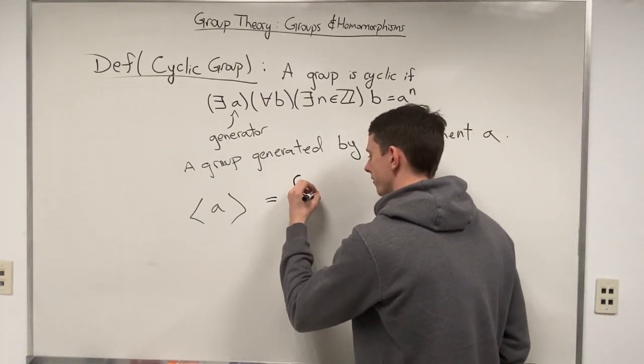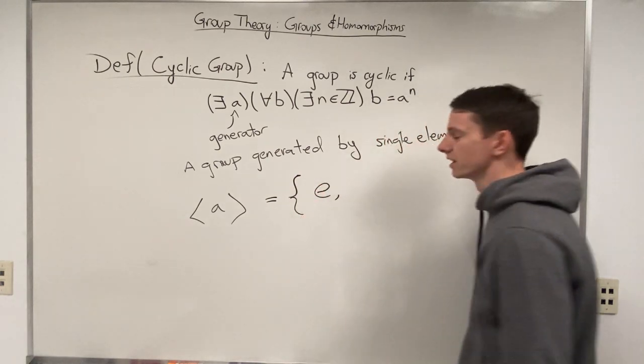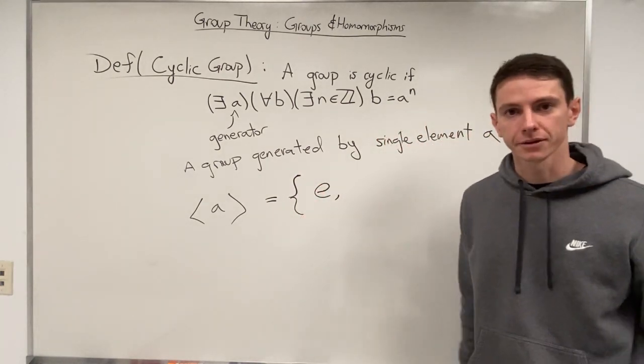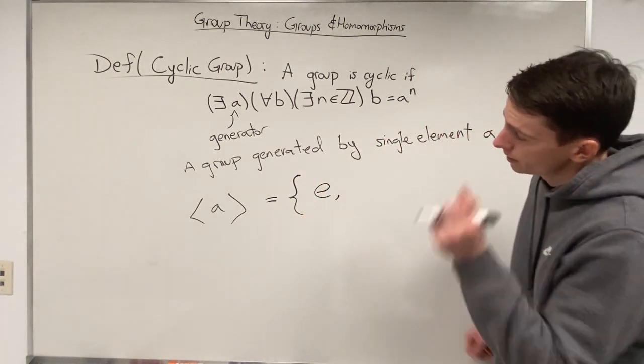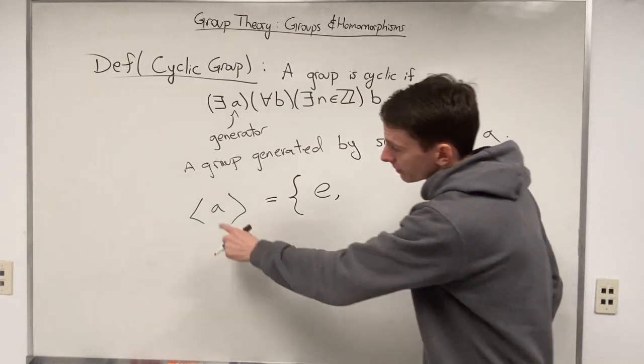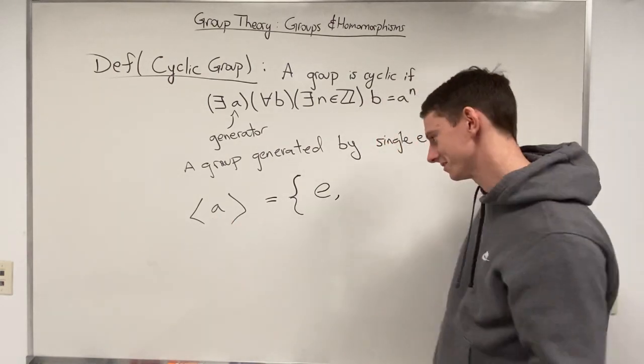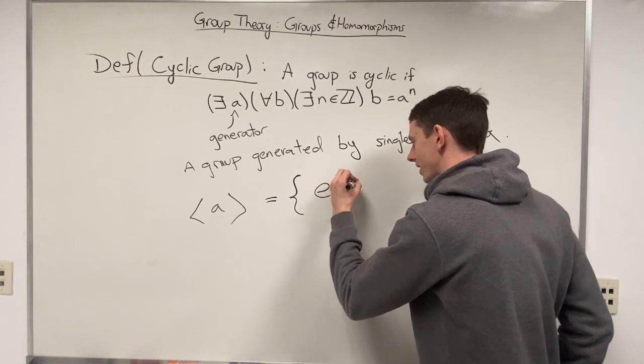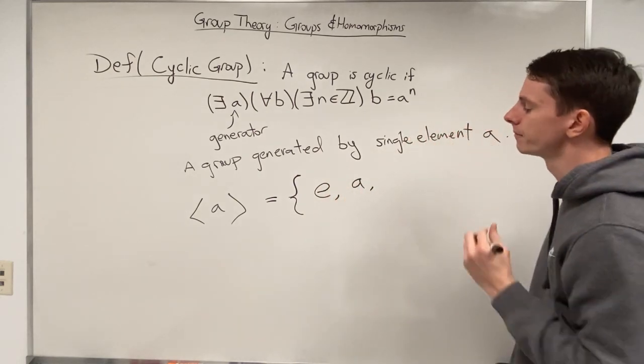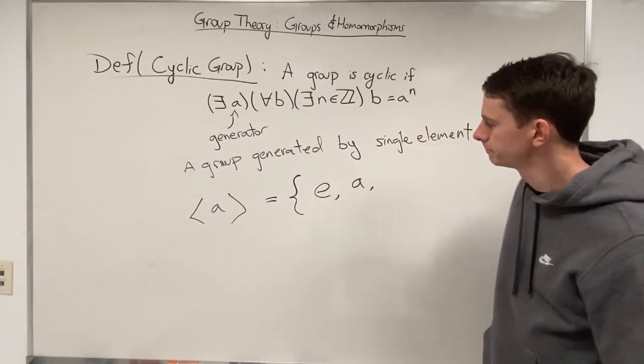So we're going to have the identity element E, whatever that looks like, in there. Then, if the cyclic group is generated by A, it should probably contain A in it. So we have E, we also have the generator itself, A. But then what comes after that?